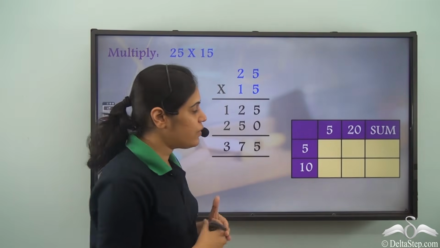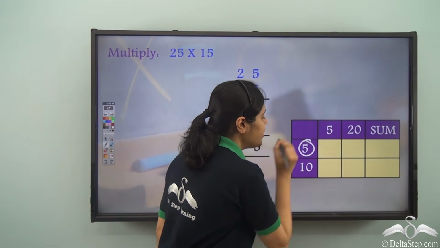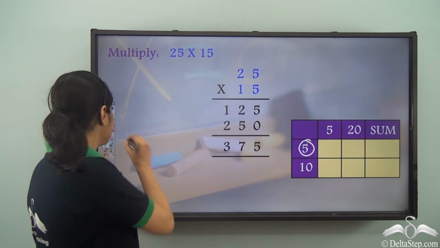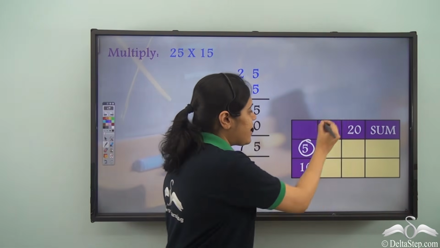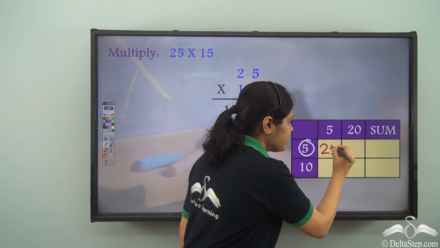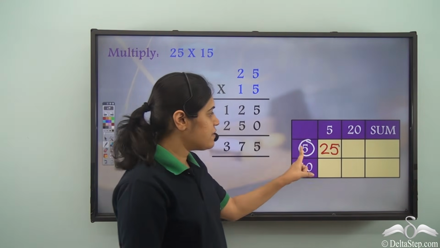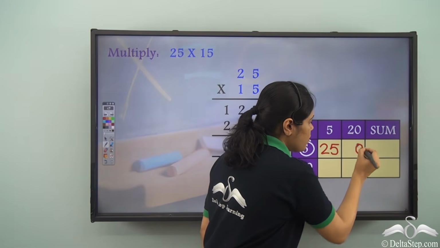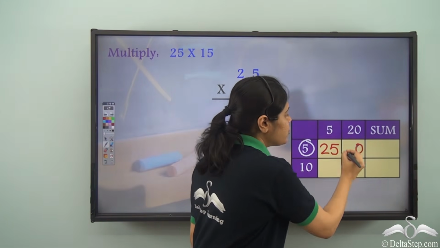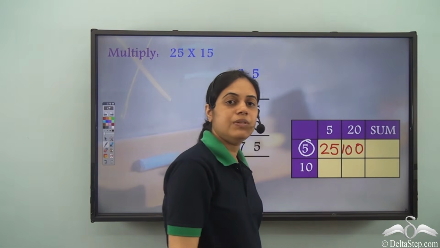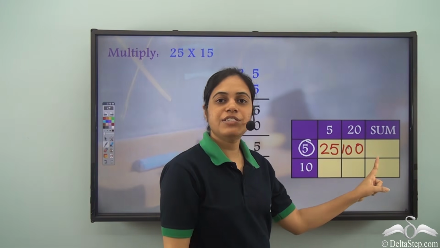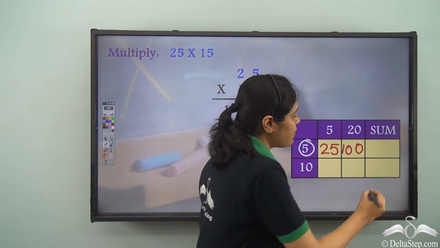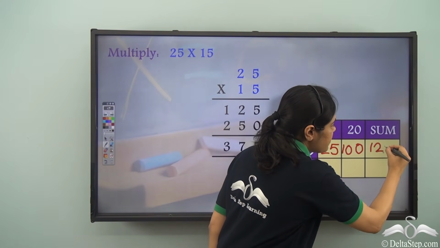Let us multiply by this 5. 5 into 5 is 25, and 5 into 20, I put 0 from here and 5 into 2 is 10. Now I add these two. So 25 plus 100 gives me 125.